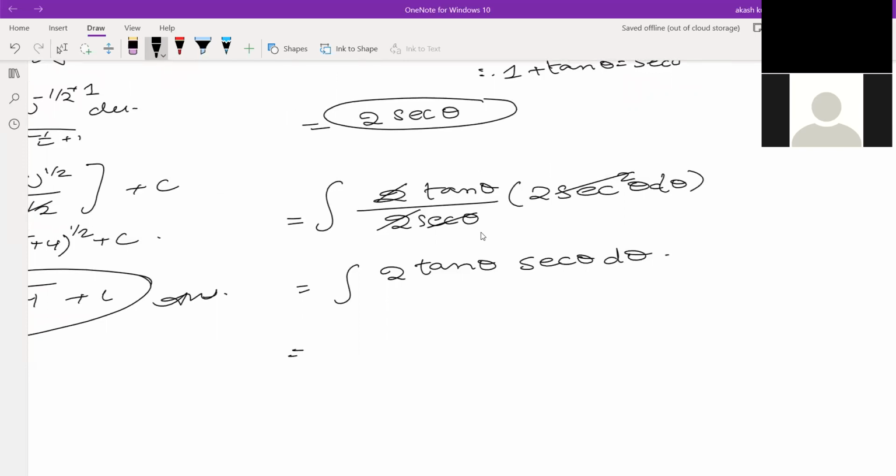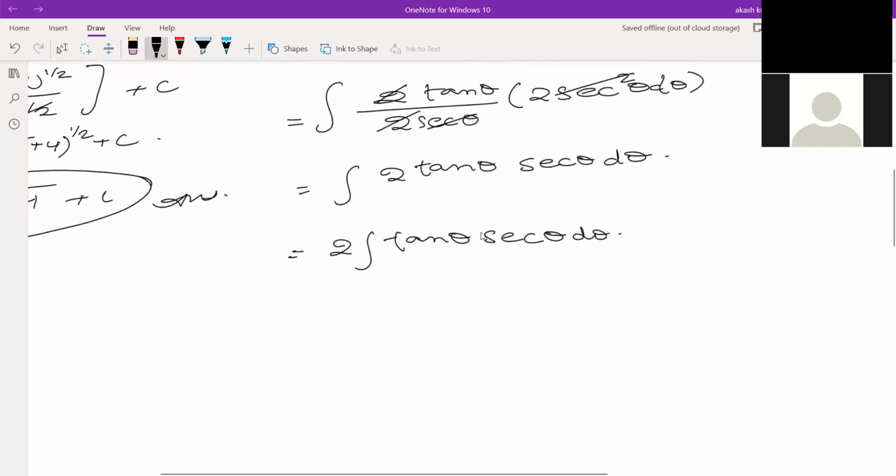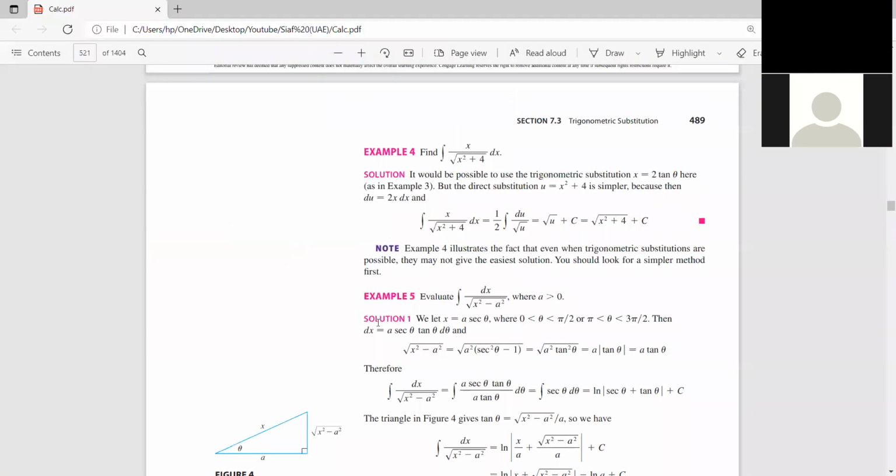Okay, the integral of tan theta and sec theta is, so let's go back to the book, if we can find out some sort of identity there.